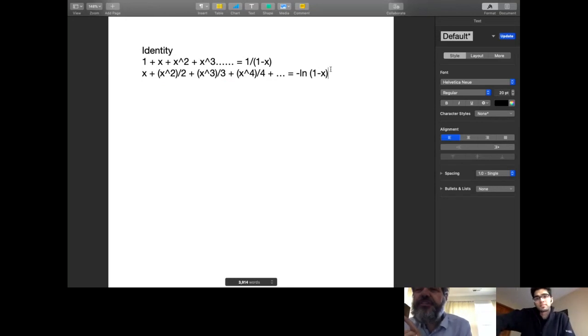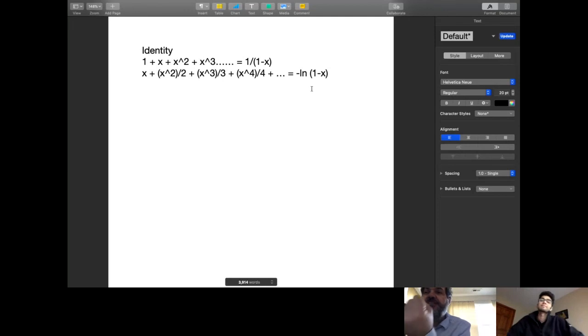And then we have this identity. We can use this in both ways. One way is if we have in a problem a series that looks like powers of the same number, x squared, x cubed, and so on, divided by natural numbers in this order.